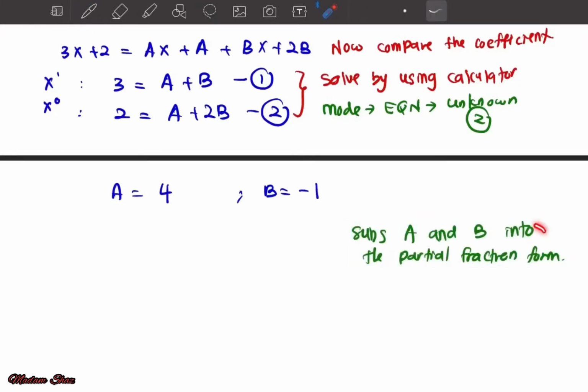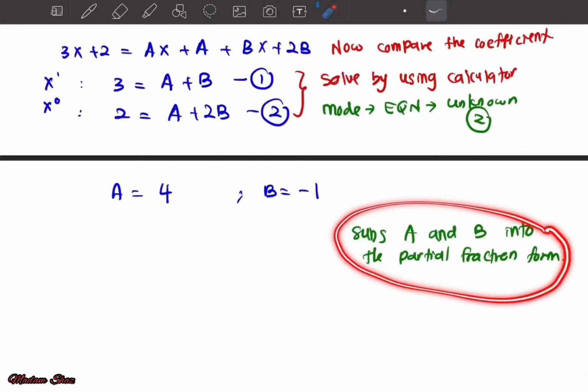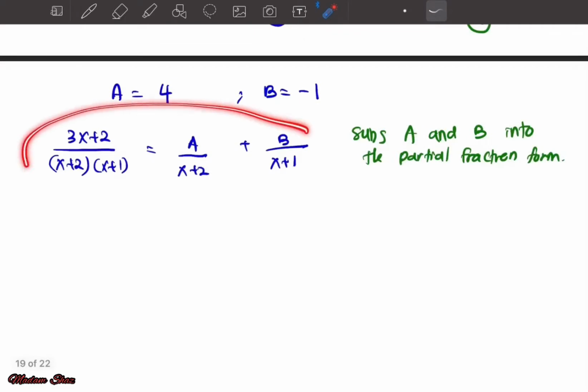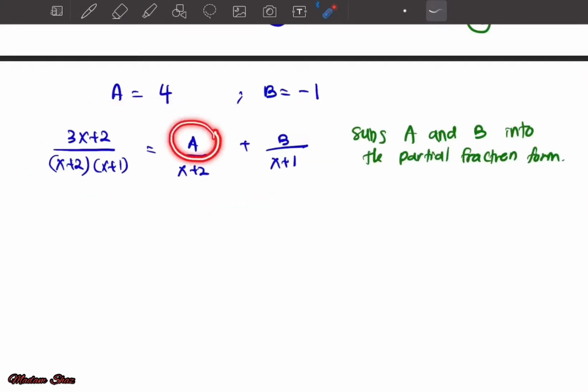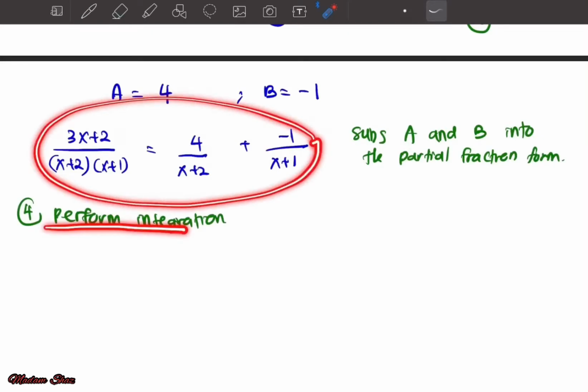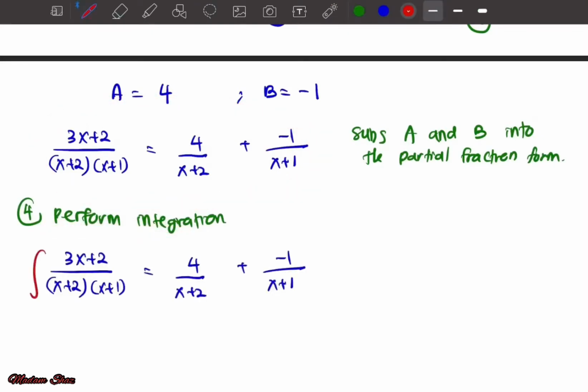So now you have to substitute the values of A and B into the partial fraction form that you have right before this. So now the position of A will become 4, the position of B will become -1. So for the last step, you have to perform the integration for both sides, integrating with respect to dx.